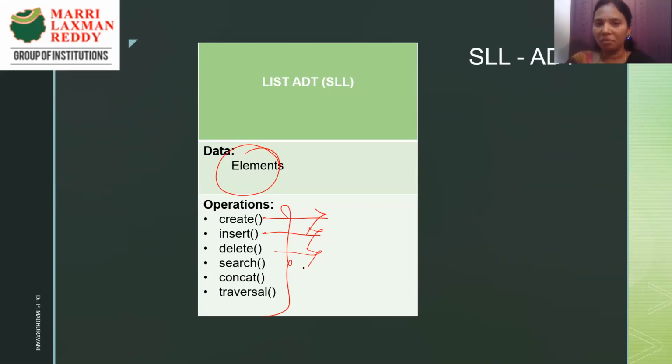That node can be the first node or last node or any desired node in between the first and last. We can search for a given element in the linked list with the help of the search operation, and the concat operation is used to combine the contents of two singly linked lists. We can display the contents of the linked list with the help of the traversal operation. This is also called a display operation.